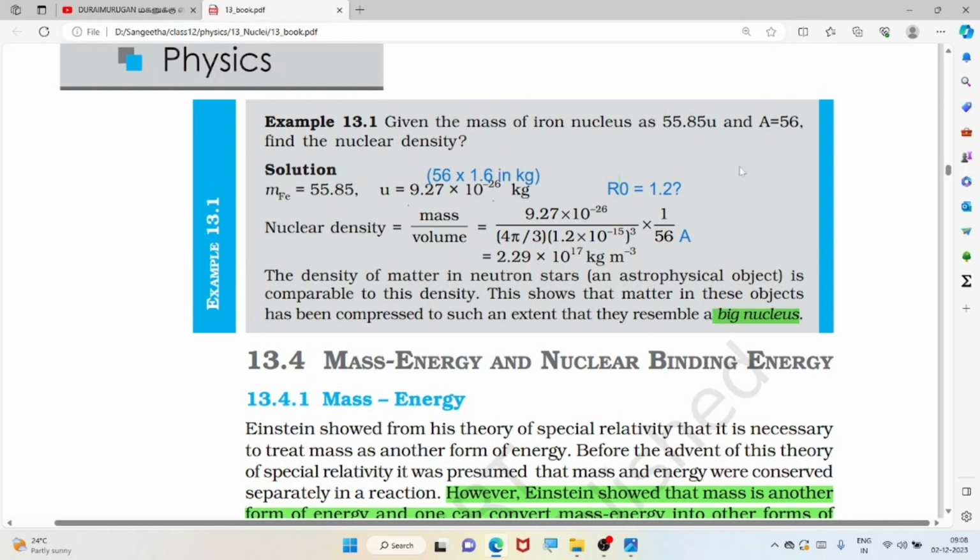Given the mass of the nucleus, A, we calculate the nuclear density. Here we are multiplying the atomic mass by 1 unit in kg, 1.6 into 10 power minus 27 kg. I already showed you. After multiplication you will get this number.